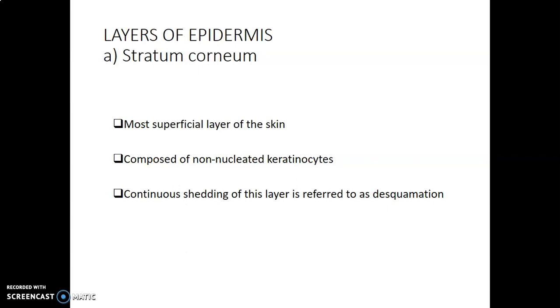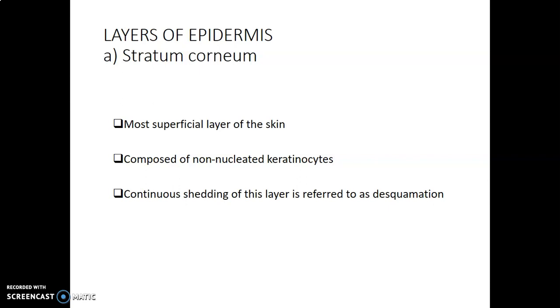So the most superficial layer is the last one, C, candy, so stratum corneum. Good is stratum germinativum, small is stratum spinosum, girls is stratum granulosum, like stratum lucidum, then candy is stratum corneum.